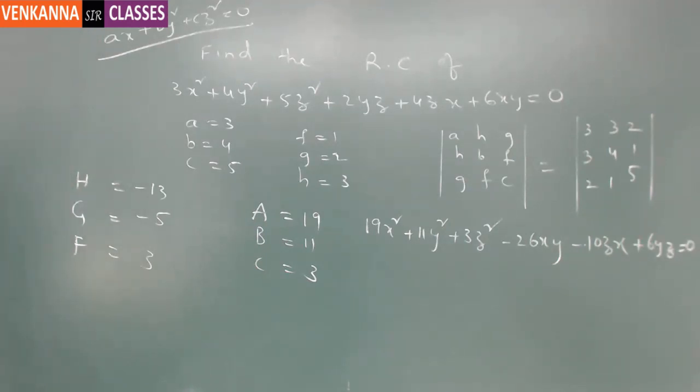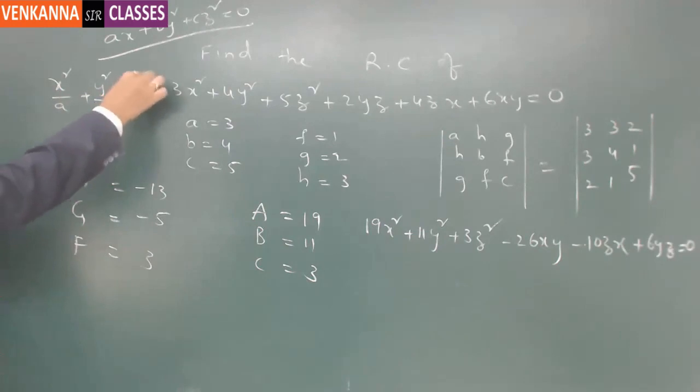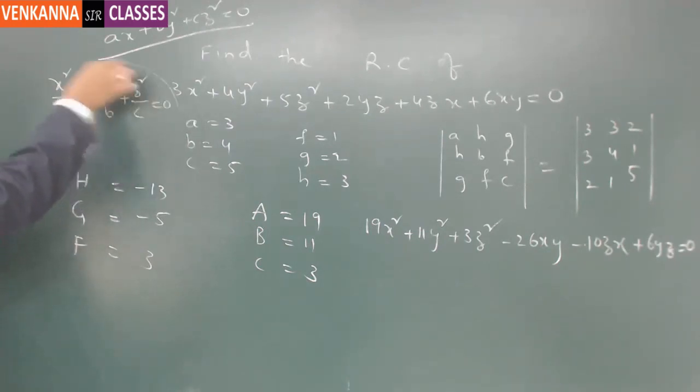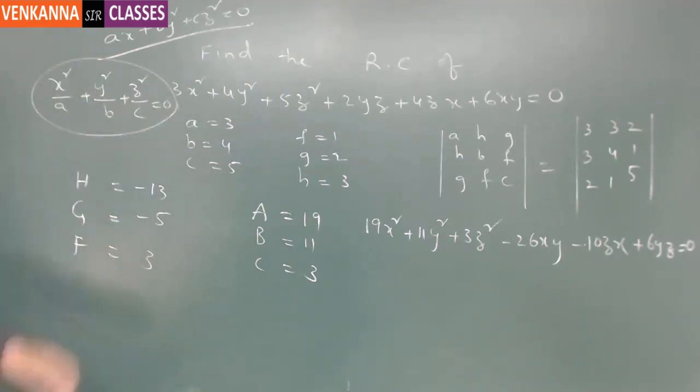Then I say that you are going to get the value as x square by a plus y square by b plus z square by c equal to 0. So if you substitute the values in the matrix a, h, g, everything, you will get the reciprocal cone equation like this. You take it as an assignment.